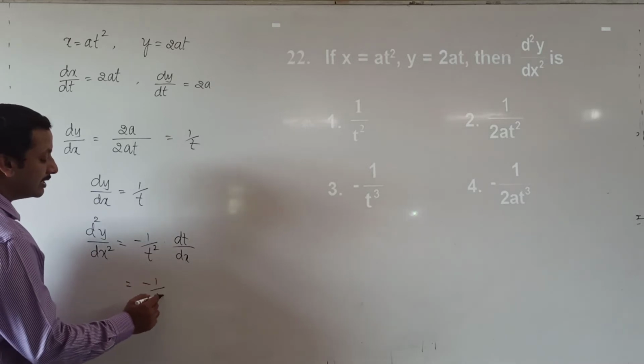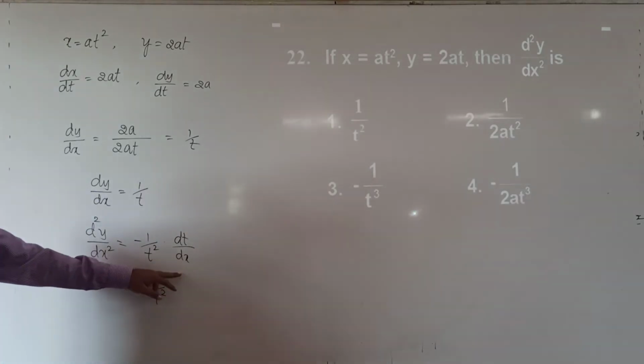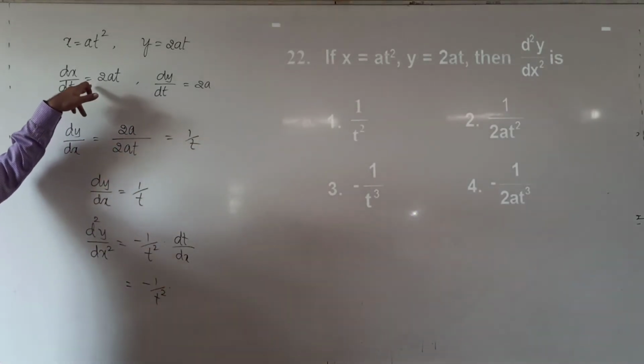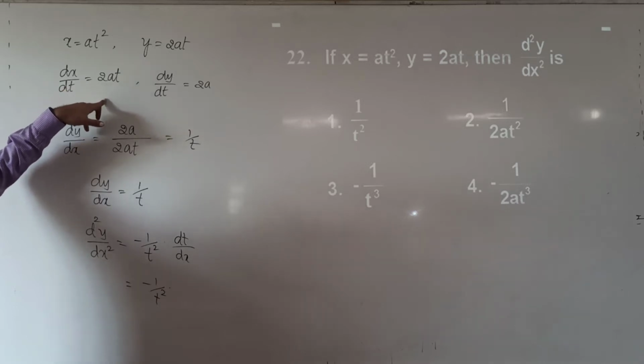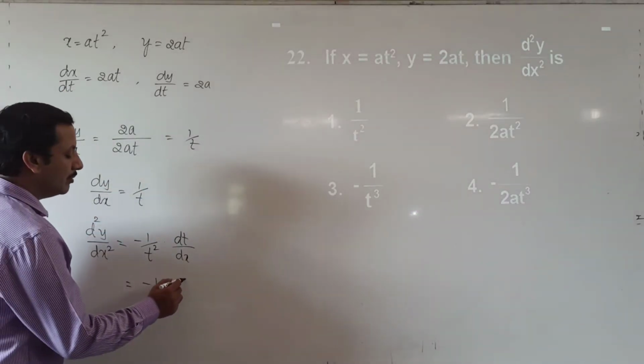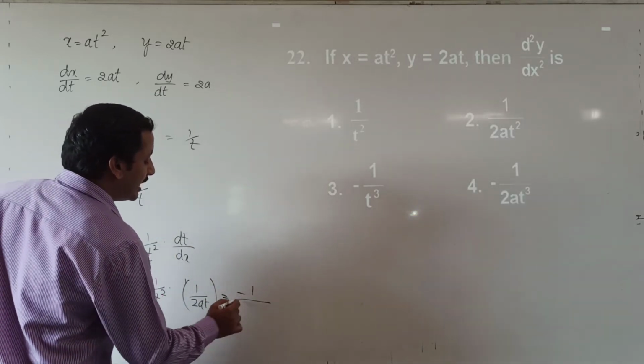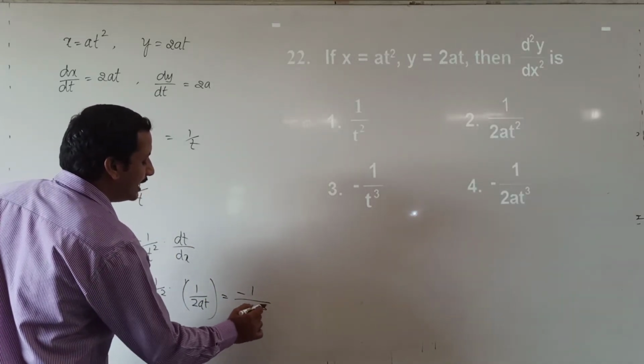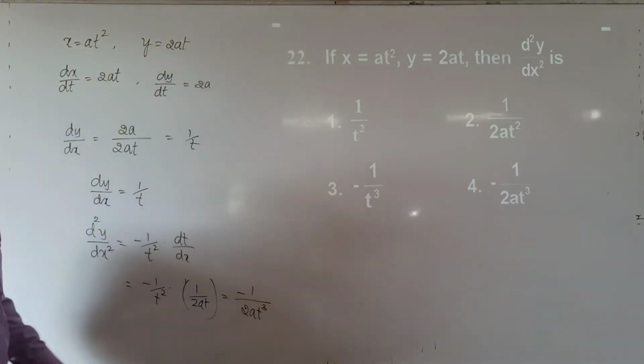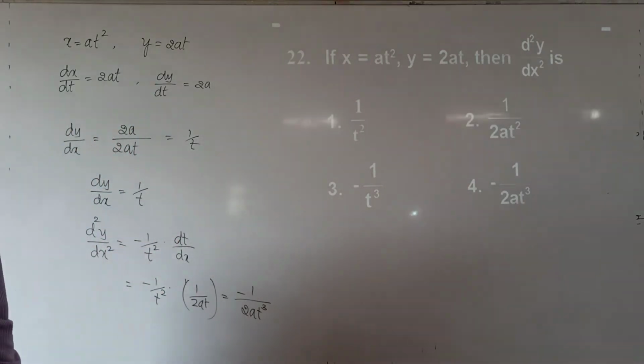So minus 1 by t square into dt by dx. So dt by dx is the reciprocal of dx by dt. dx by dt is 2at. So dt by dx will become 1 by 2at. So this is equal to minus 1 by 2at cube, which is the fourth option.